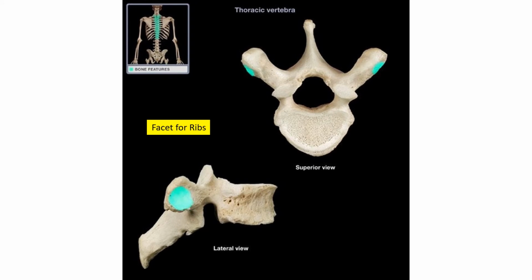In this view, we can see that the green colored area is the facet of the transverse process for receiving the rib, and the facet is directed laterally.